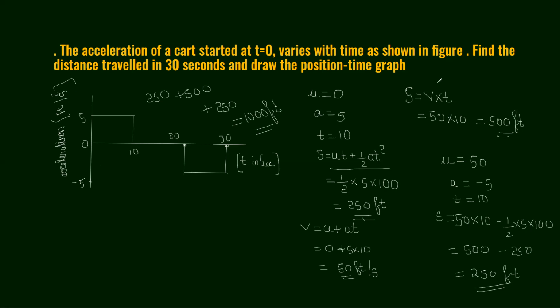The one more question is there: draw the position time graph. So we will draw the position time graph. This is time on the x-axis and position in feet on the y-axis.